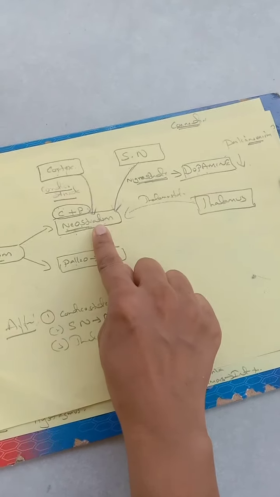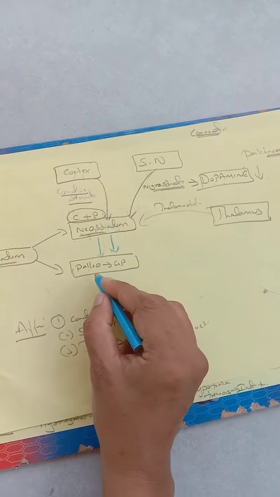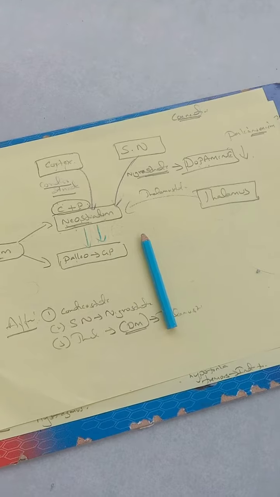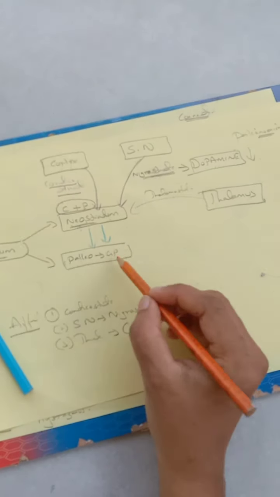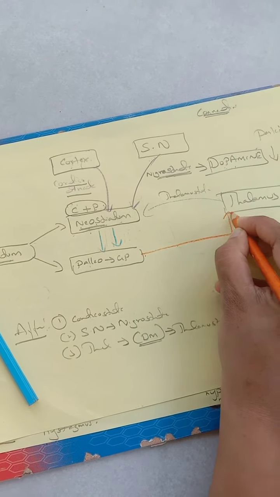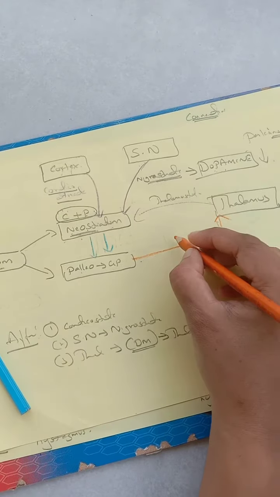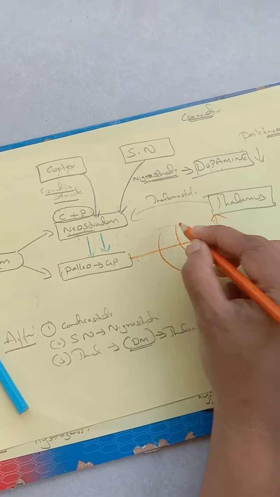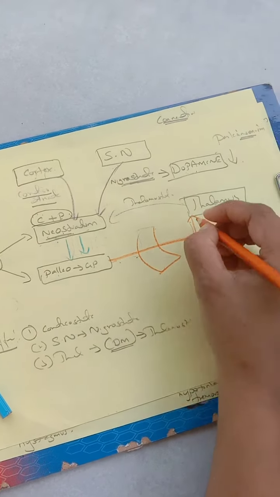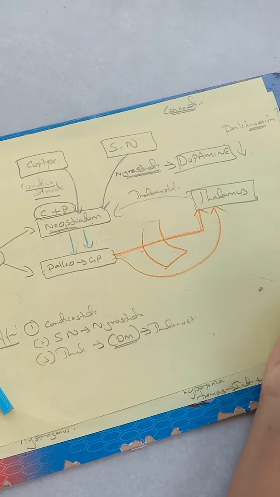So this is about afferent. Where is it going? To neostriatum. From the neostriatum, all the fibers will be going to our paleostriatum, that is globus pallidus. From here, the main efferent, now we are going to the efferent part, will be going to thalamus. Now when it is going so, we have something called internal capsule here. Either the fibers will be traversing the internal capsule and going to thalamus, or the fibers will take a loop and go to the thalamus.